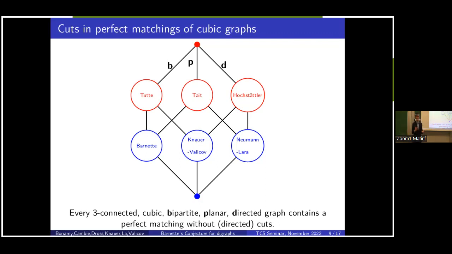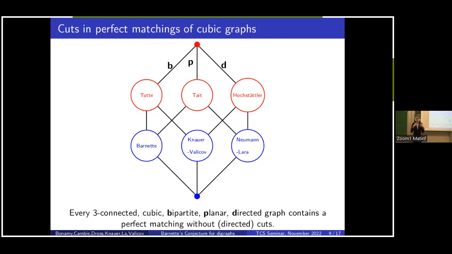And if you combine any 2 of these, actually, so bipartite planar, that's Barnette, planar directed, that's Neumann-Lara, and the last case was conjectured by our own authors, which seems to be very natural now in this context. And all of these problems are open.